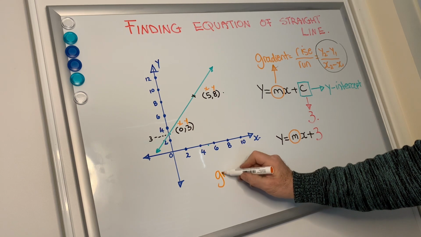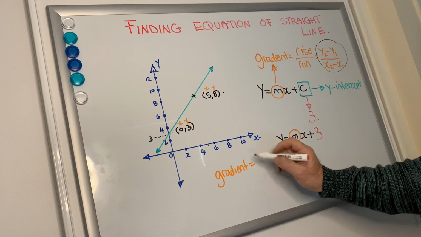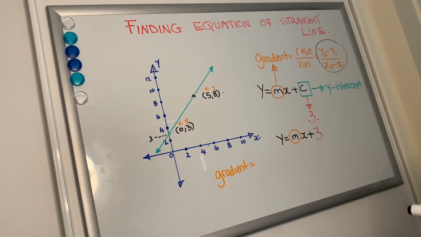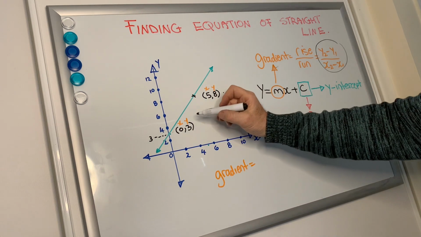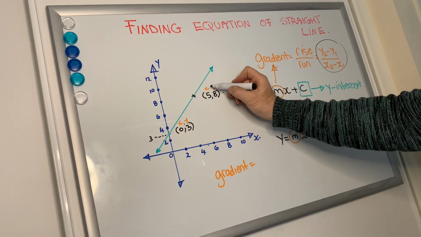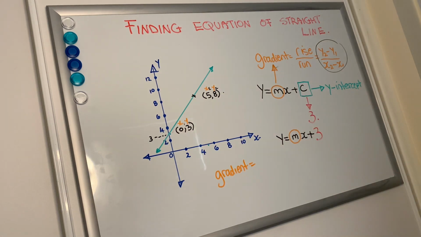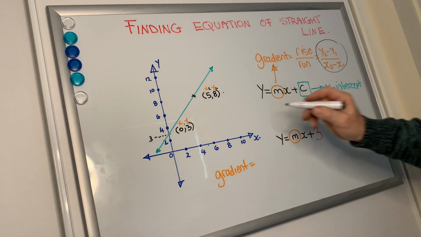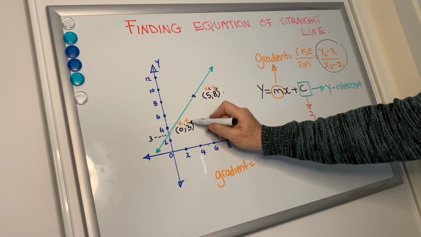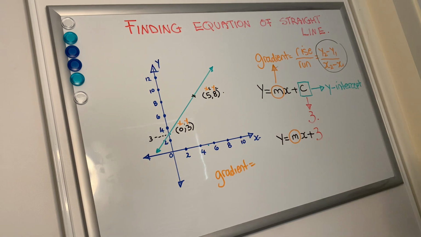So gradient is equal to, I'm going to nominate this one as x1, y1, and this one as x2 and y2. So this coordinate here is x1 and y1. These coordinates up here are x2 and y2.